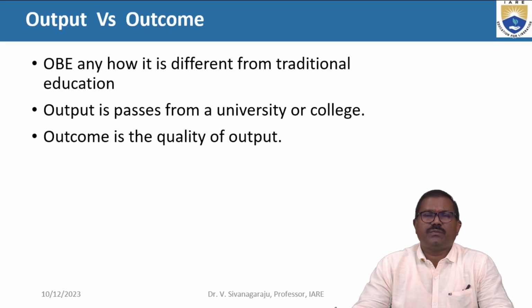Now, what is the difference between output versus outcome? Generally we are discussing outputs, but this is different from outcome. OBE is different from traditional education. Output is a process from a university or college, whereas outcome is the quality of the output. Here we can discuss how many students get jobs after passing out from the college or university.